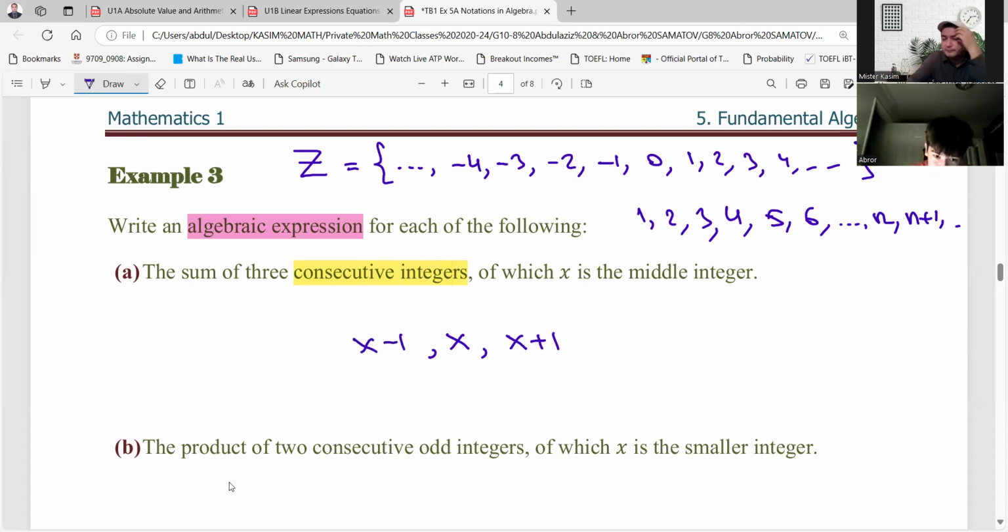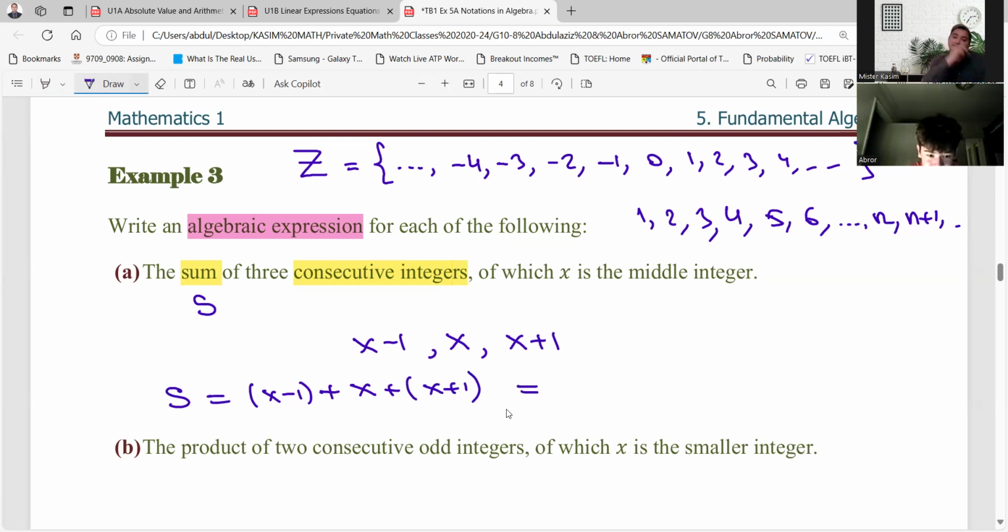But now in this question, we are asked for the sum, right? For this sum, let me use S. S stands for sum. So the sum of these 3 numbers will be: the first number is x minus 1, the second number is x, and the third number is x plus 1. So now let's simplify this. Can you simplify this expression? What is the simplest form?